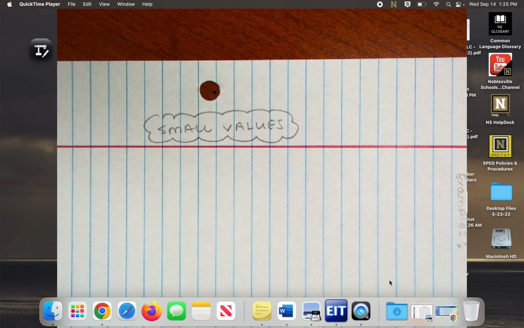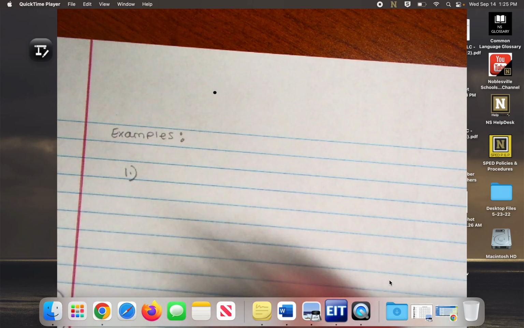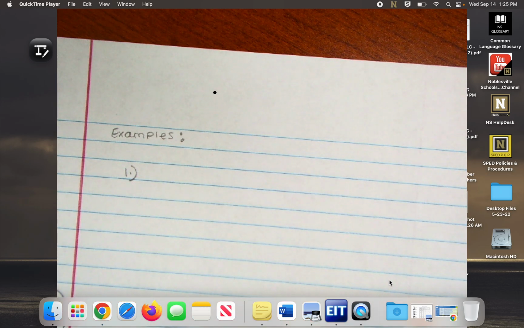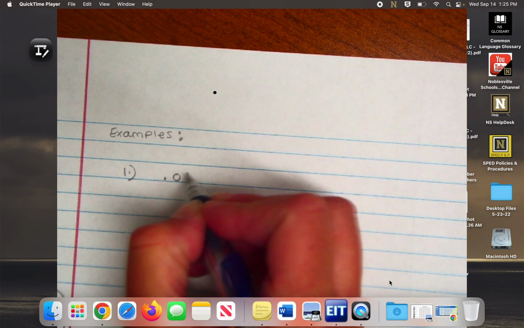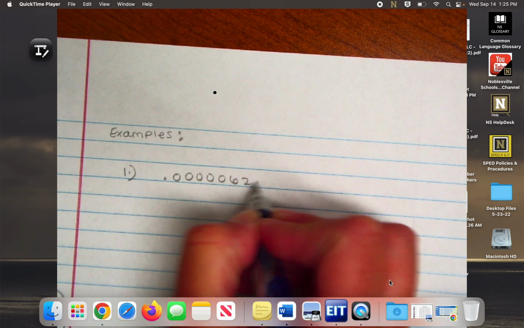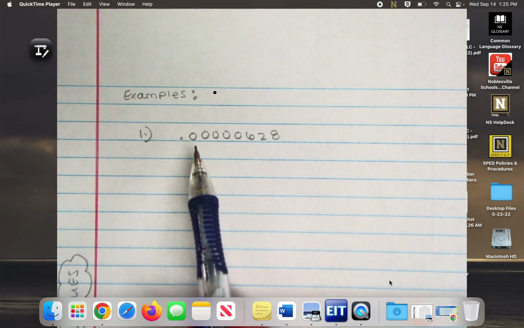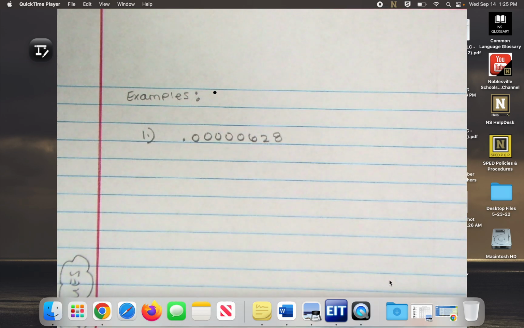Okay. So we're going to keep track of our steps here. We have example number 1. And we're going to start with a really small value. I know it's a small value because it has a decimal at the beginning and a lot of zeros in front of the whole number digits.